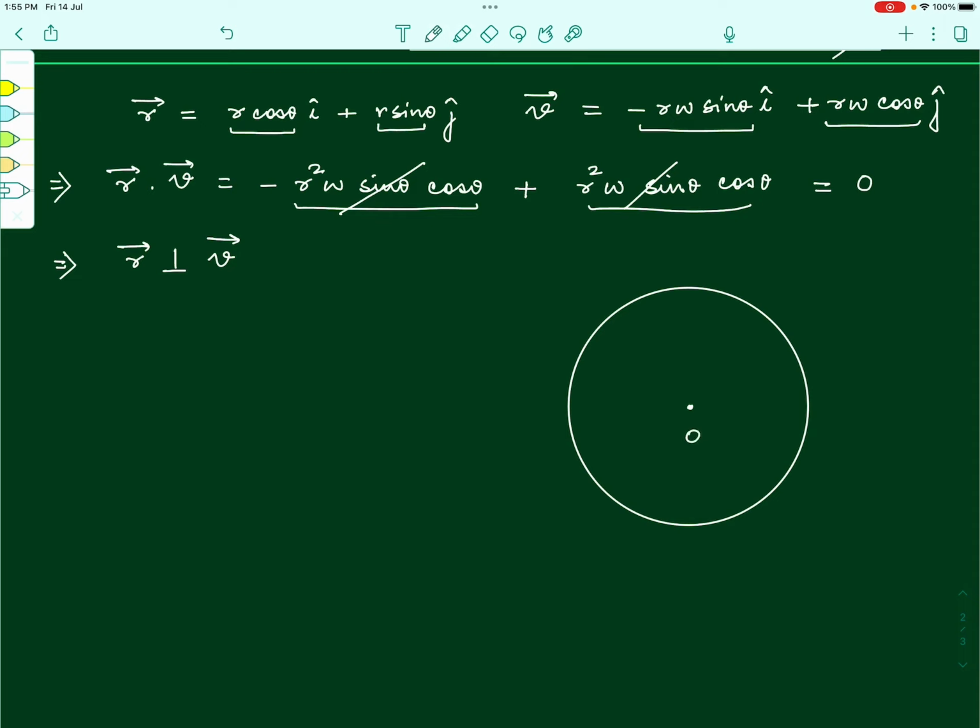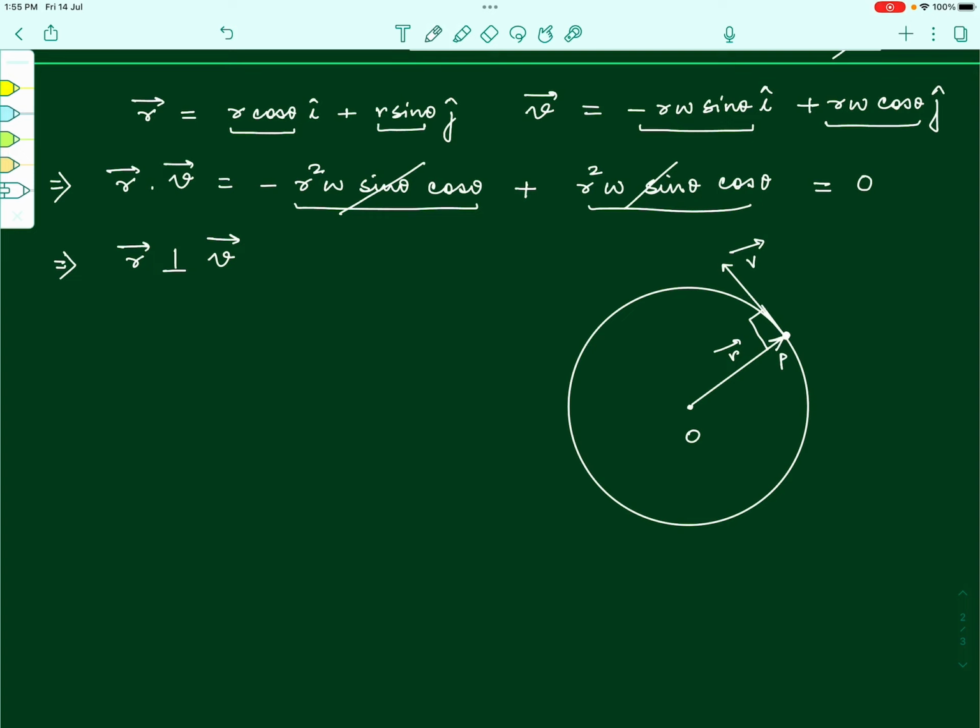If this is the center and this is the radius vector at any point in time, the vector r, so that the position of the particle is over here at the point P, then its velocity vector will point along the tangent drawn to this radius vector. Do we understand that the perpendicular vector to vector r will be a tangential vector? So, from there we understand that the velocity vector is actually along the tangent to the circular path.